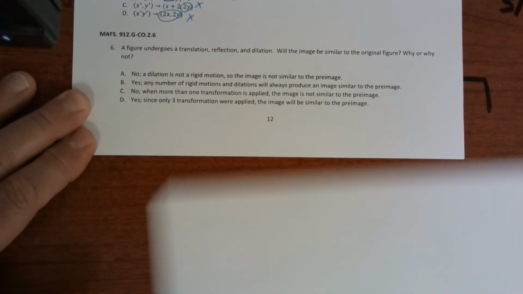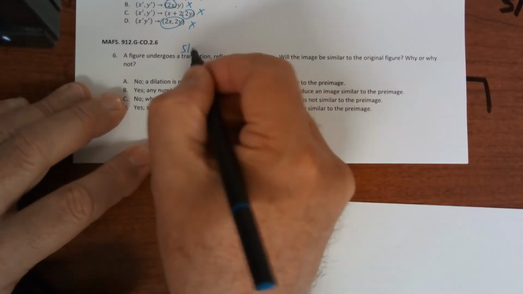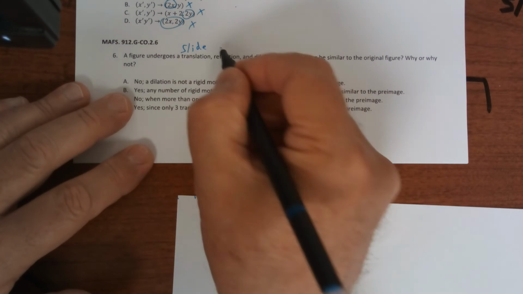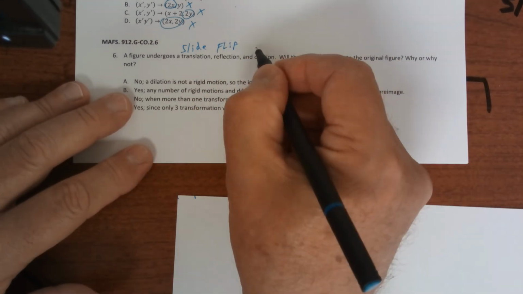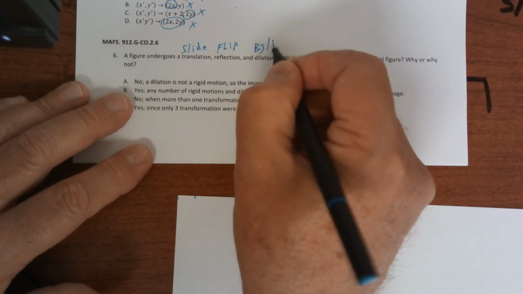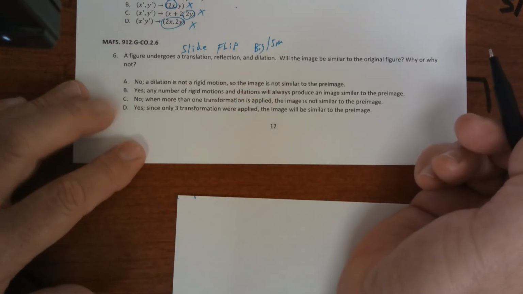All right, number 6. A figure undergoes a translation, so a slide, and then a reflection, a flip, and then a dilation, so it gets bigger or smaller. Will the image be similar to the original? Why or why not?